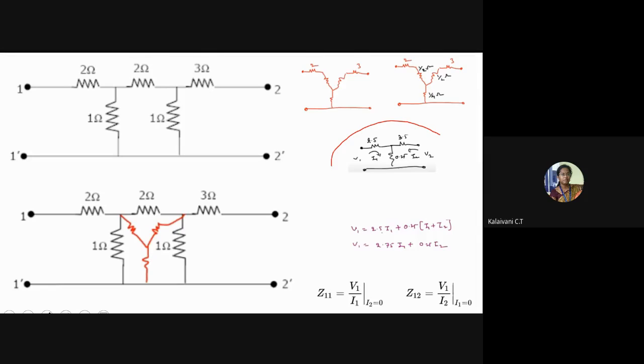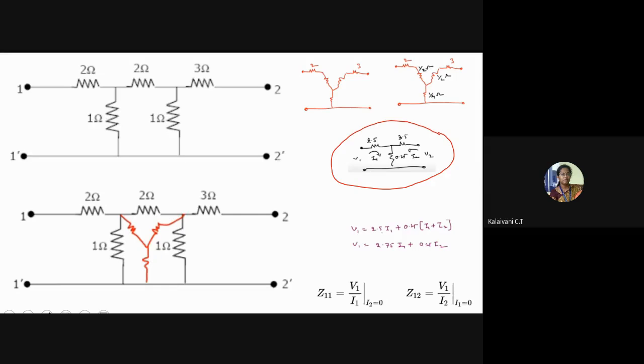Now it is easy to find the Z parameter. So the formula for Z parameter is V1 by I1 when I2 is equal to 0. So now find this loop equation and this loop equation. When you find this loop equation, V1 will be equal to 2.5 into I1 plus 0.25.